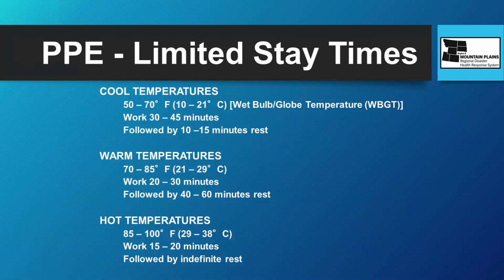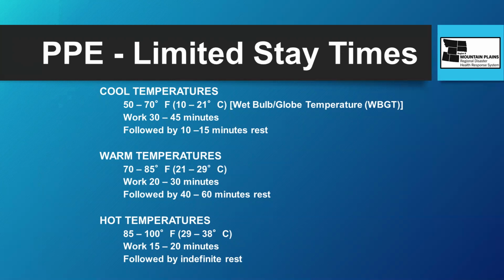How long can you work in PPE? Well, obviously, it depends on the ambient temperature. If you're working in relatively cool temperatures, 50 to 70 degrees Fahrenheit, on average, people can work about 30 to 45 minutes, followed by 10 to 15 minutes recovery time. If the temperature increases, the duration of work decreases.